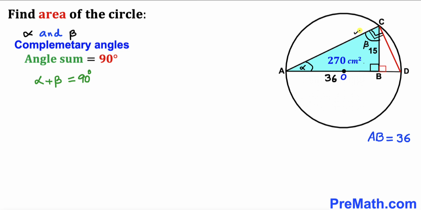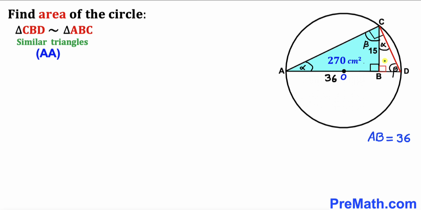This angle is beta, so this angle has got to be alpha. And finally in this triangle DBC, this angle is 90 degrees, this angle is alpha, so this angle has got to be beta. And now we can see that this triangle CBD is similar to this blue triangle ABC according to the angle similarity theorem.